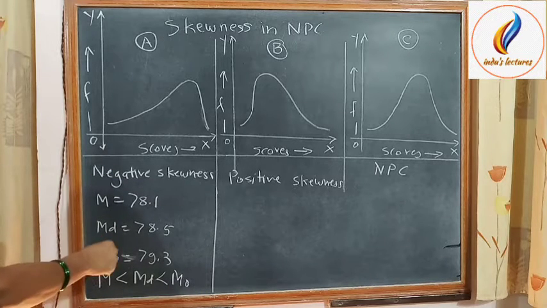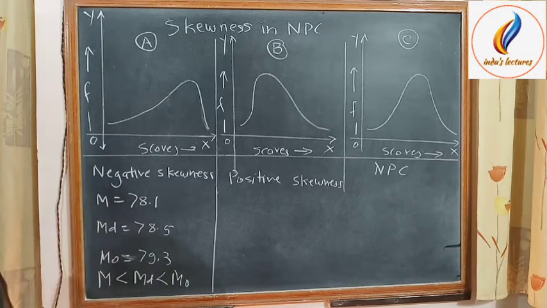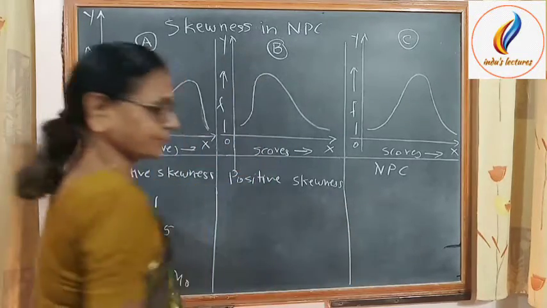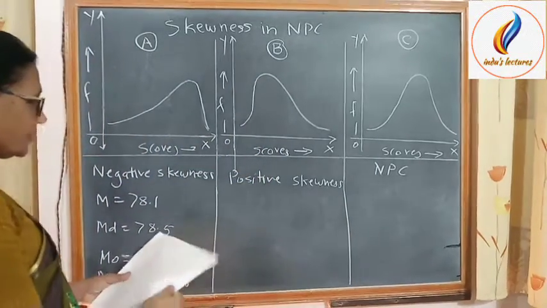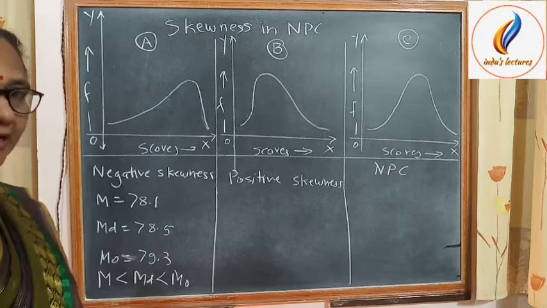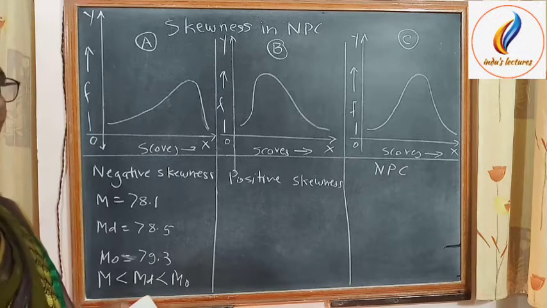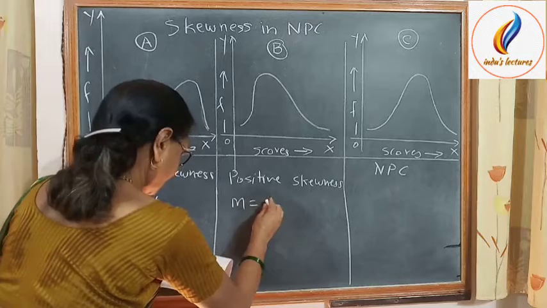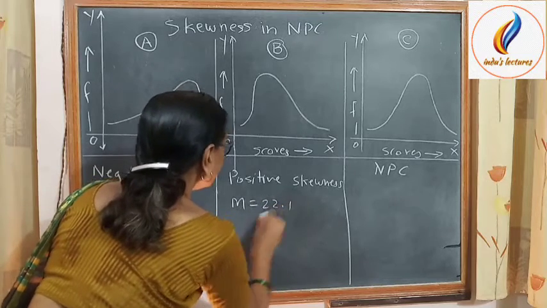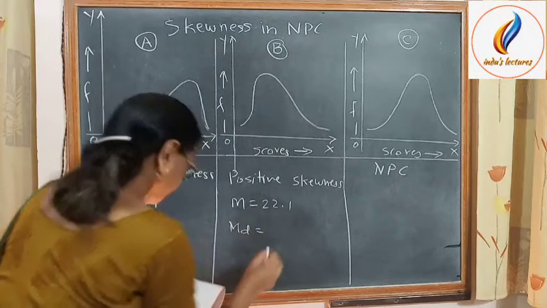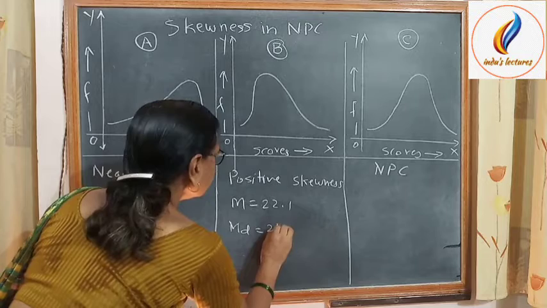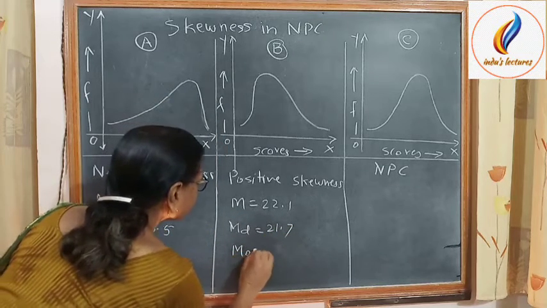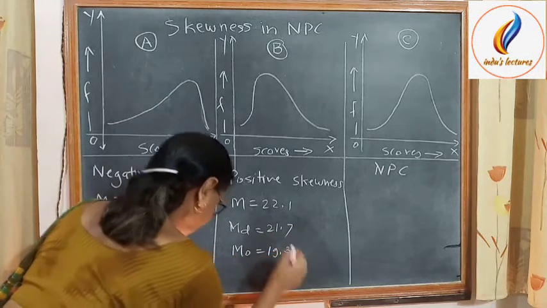Such a distribution is called a negatively skewed distribution. Now if we consider the second distribution, B, and calculate the measures of central tendency, then mean is equal to 22.1, median is equal to 21.7 and mode is equal to 19.3.